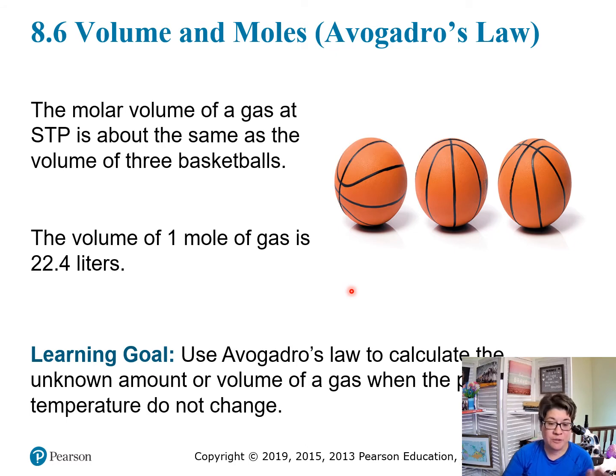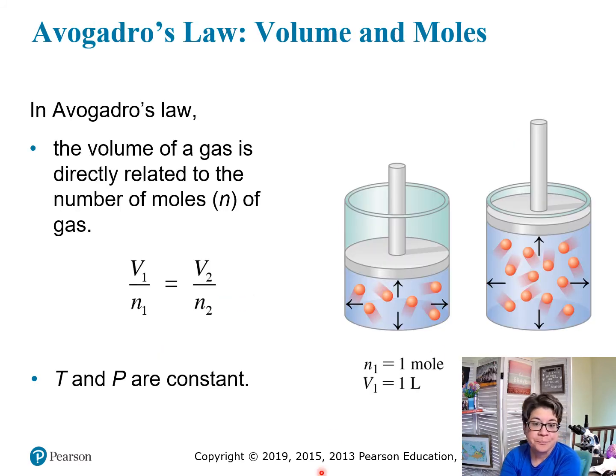And you have to make sure that you're at the right pressure and temperature, because we know that matters, that's going to affect how much space it takes up. So this is Avogadro's law. Now we're including N for the first time. So this includes volume and N, and we do have to hold temperature and pressure constant. That's super important.